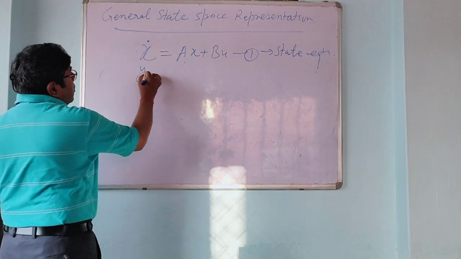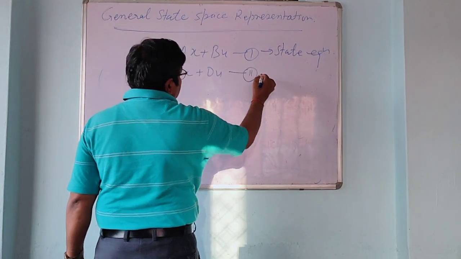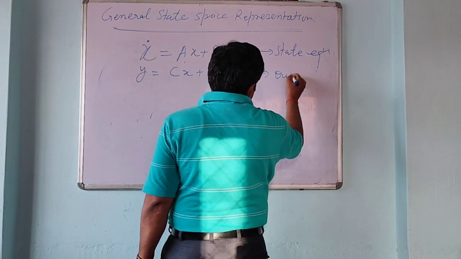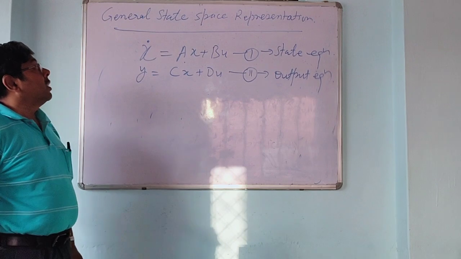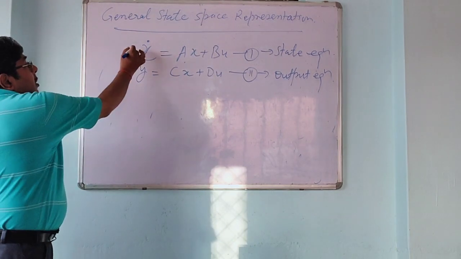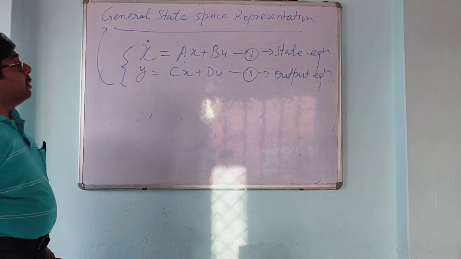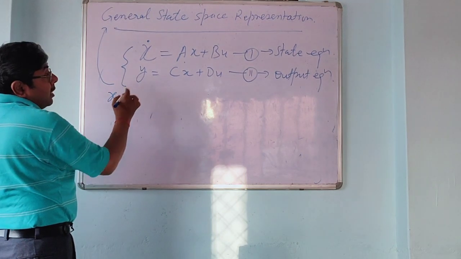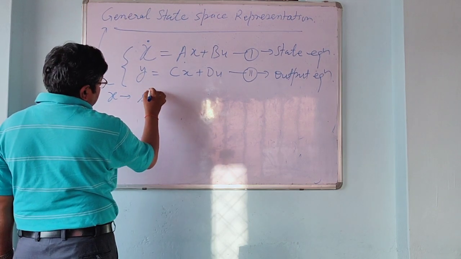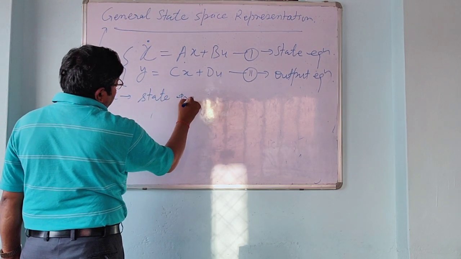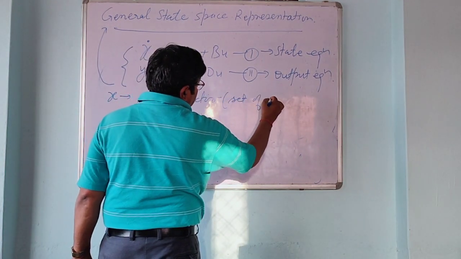And another is y equals cx plus du, which is called the output equation. So these are two equations, set of two equations, which is called general state space representation. So what are quantities in these equations? X is the state vector. Obviously this is a set of state variables.